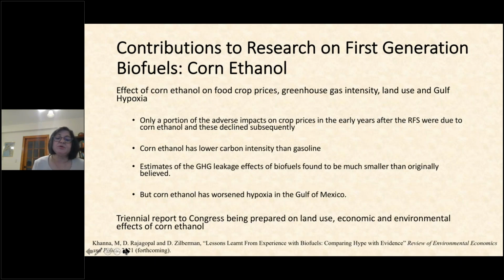Some of this research is now contributing to the triennial report that is being prepared for Congress as it looks into the future of biofuels and the Renewable Fuel Standard, which is currently only authorized till 2022.